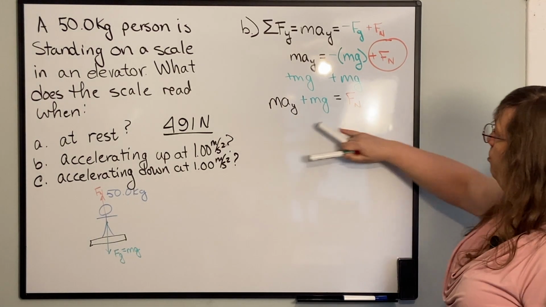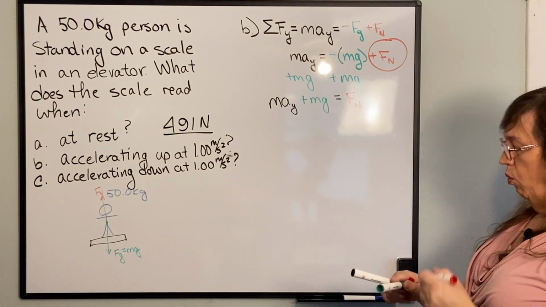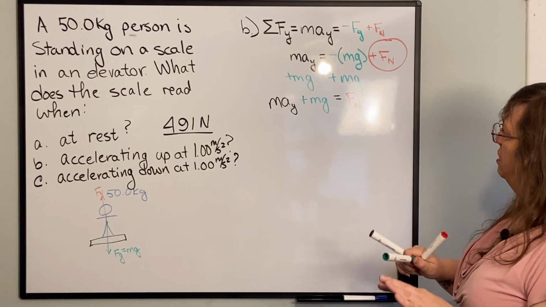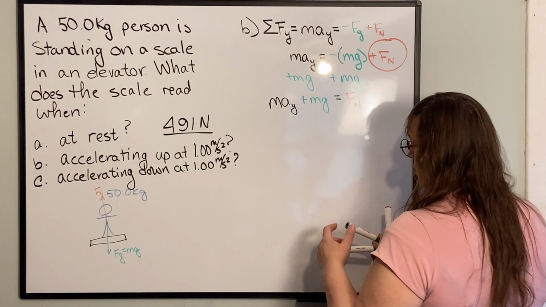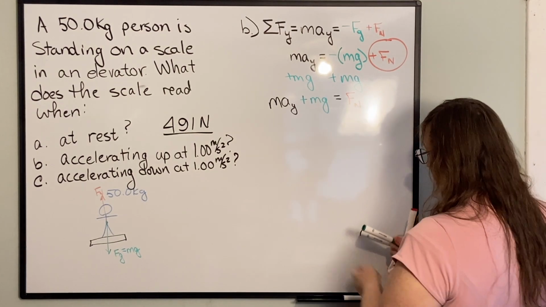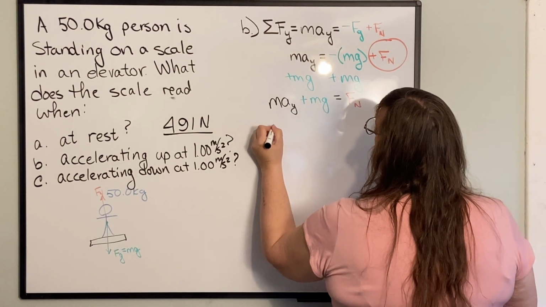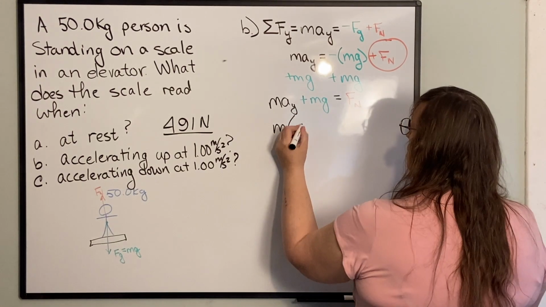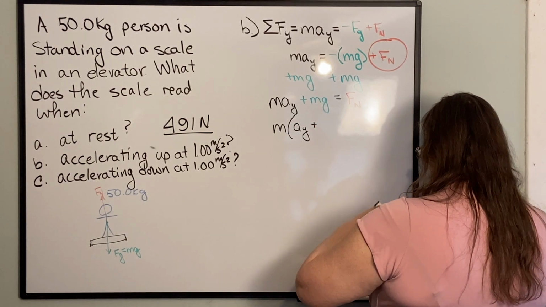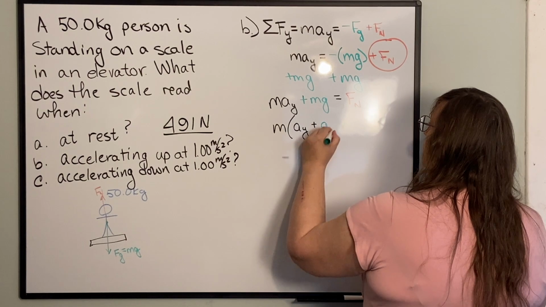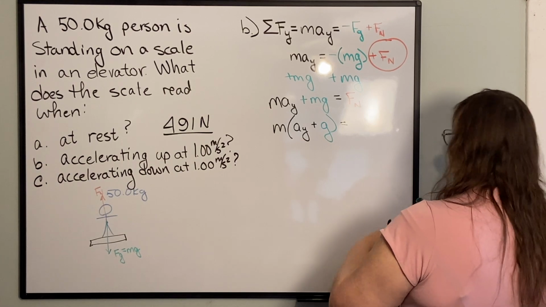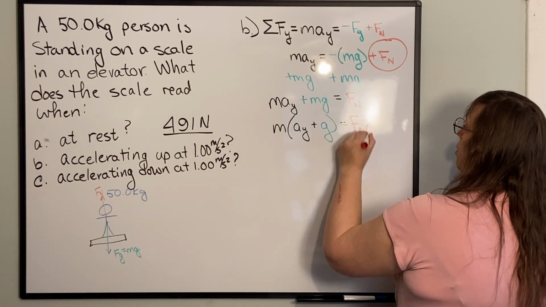So this is the equation I'm going to be using to actually figure out what Fn is going to equal. Now, I'm going to do a little bit of straight algebra here. I have a mass and a mass. These are both the same masses, aren't they? I can pull them out. So I have the mass times the acceleration in the y direction plus gravity equals my normal force.